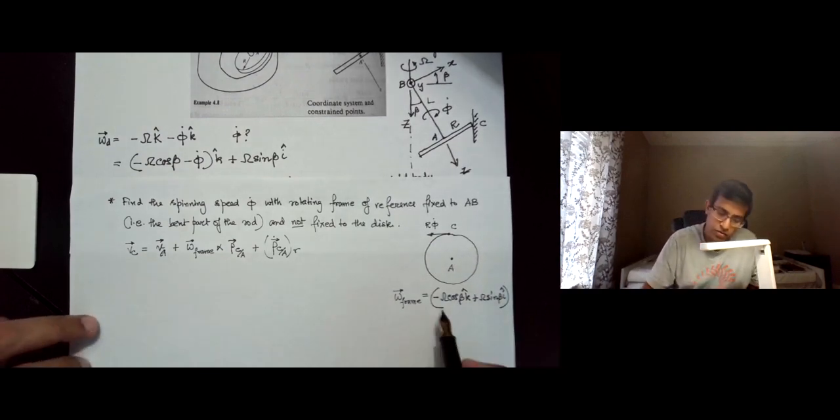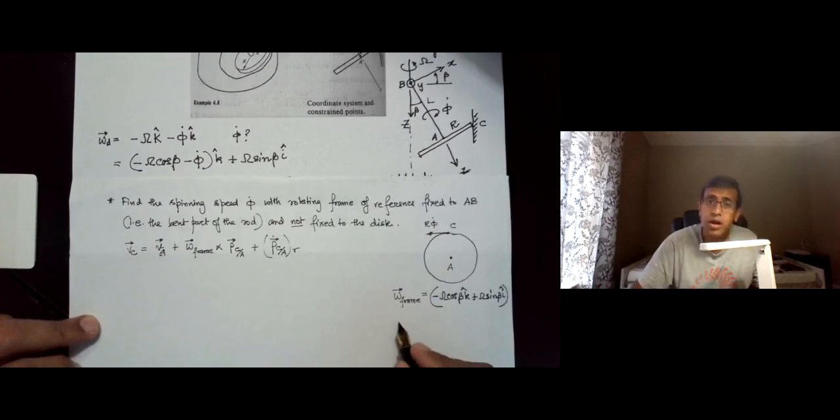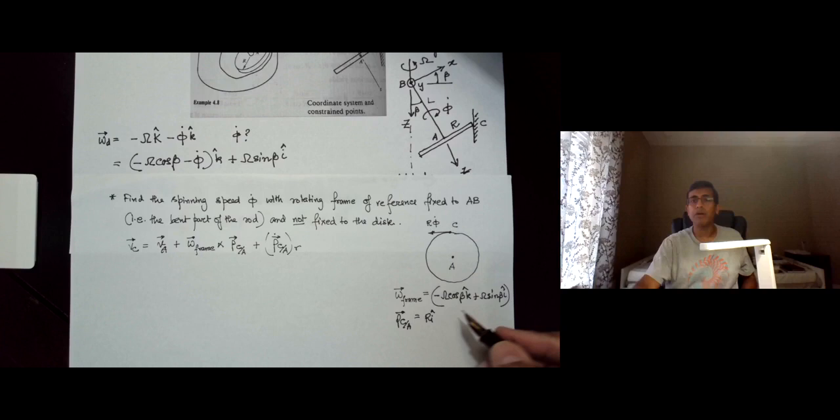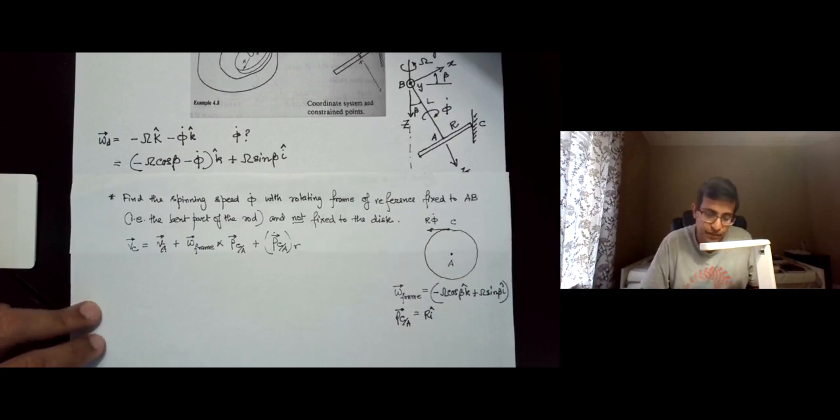So this is now going to get plugged in here. Rho C with respect to A still remains the same. It is R i because our coordinate triad has not changed. The velocity VA will also remain the same.